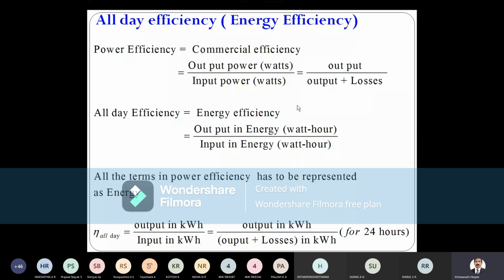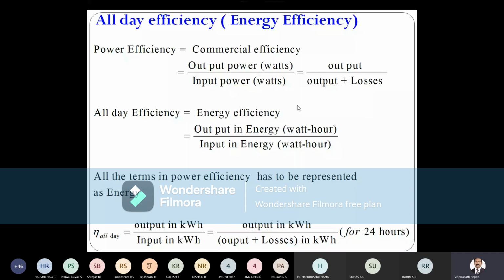In case of all-day efficiency, which is also called energy efficiency, it is defined as output in energy, in terms of energy, not in terms of watt. It is in terms of watt hour. Always time is multiplied to the power. Power into time is energy, you know. So output in energy divided by input also in energy. So all terms has to be represented in terms of energy only.